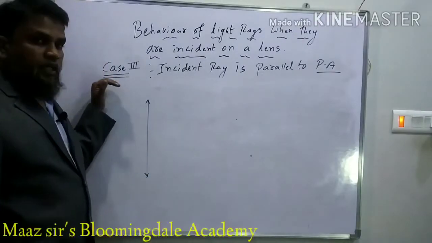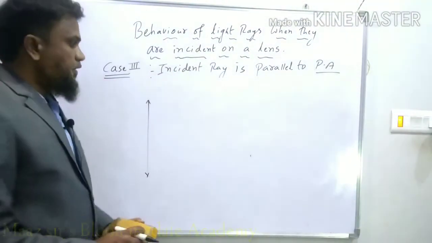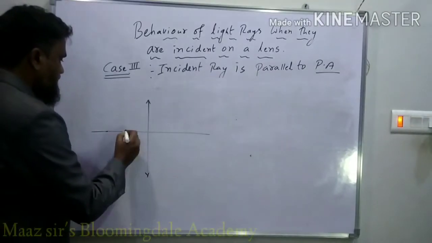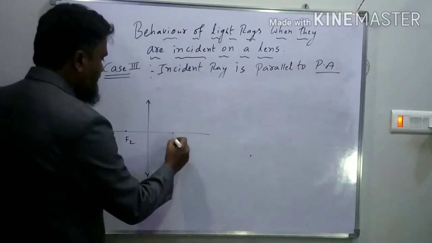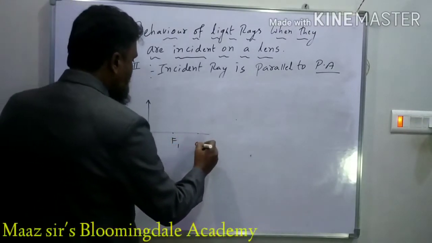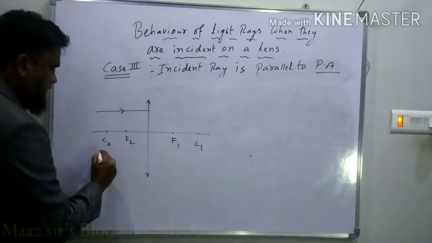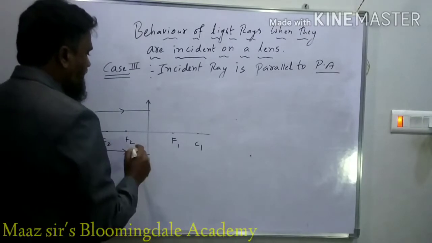Now let us see the third case, when the incident ray is parallel to the principal axis. So this is the convex lens. This is C2, F2, F1, C1. So this is the incident ray, it is passing parallel to the principal axis.